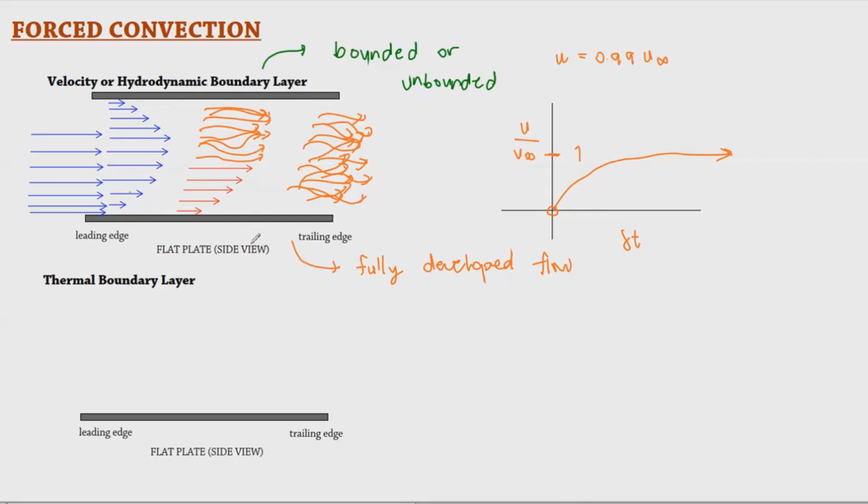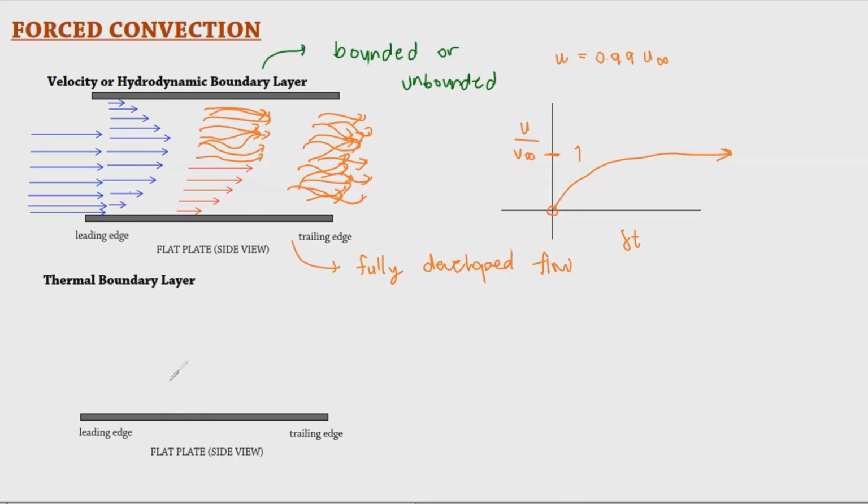But there's a difference when we talk about a thermal boundary layer. It only exists when there is a temperature gradient. If there is no temperature gradient, the thermal boundary layer will never exist. Even if you have this flat plate with just the same temperature, the thermal boundary layer will not exist.